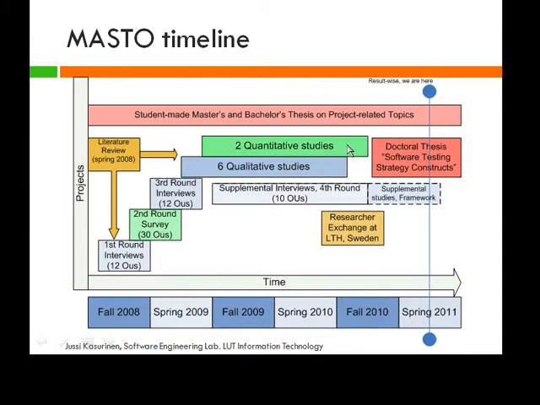There were qualitative studies and quantitative studies and a researcher exchange at Lund Tekniska Högskola. And of course, now I am finalizing my dissertation based on the works and my publications and collected data.